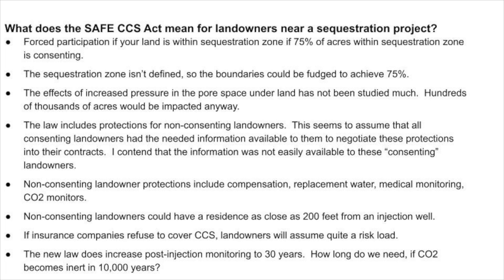The law includes protections for non-consenting landowners. This seems to assume that all consenting landowners had the needed information available to them to negotiate these protections in their contracts when they signed. And having been a landowner that was pushed hard to sign, I contend that the information was not readily available to the consenting landowners that currently have contracts.